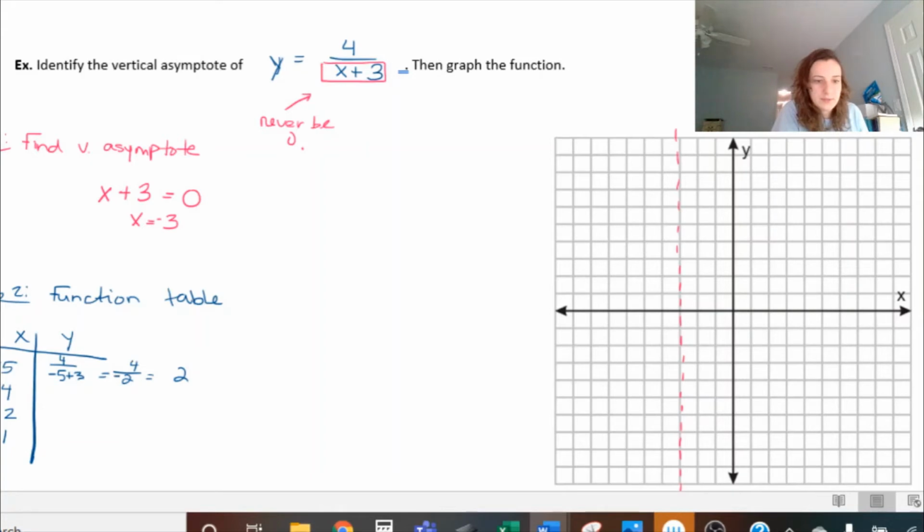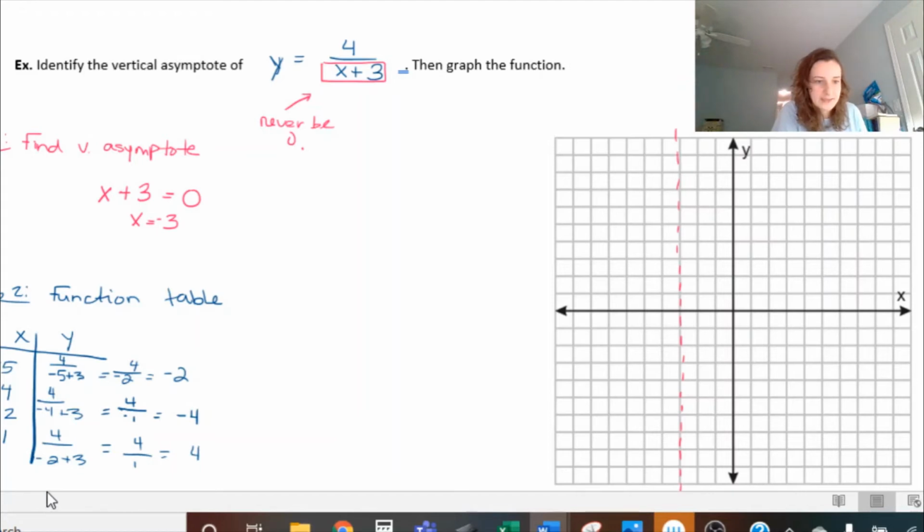And then the next one, 4 divided by -4 plus 3, which is going to be 4 divided by -1, which is -4. 4 divided by -2 plus 3, I'm kind of running out of space here, which is going to be 4 over 1, which is 4.